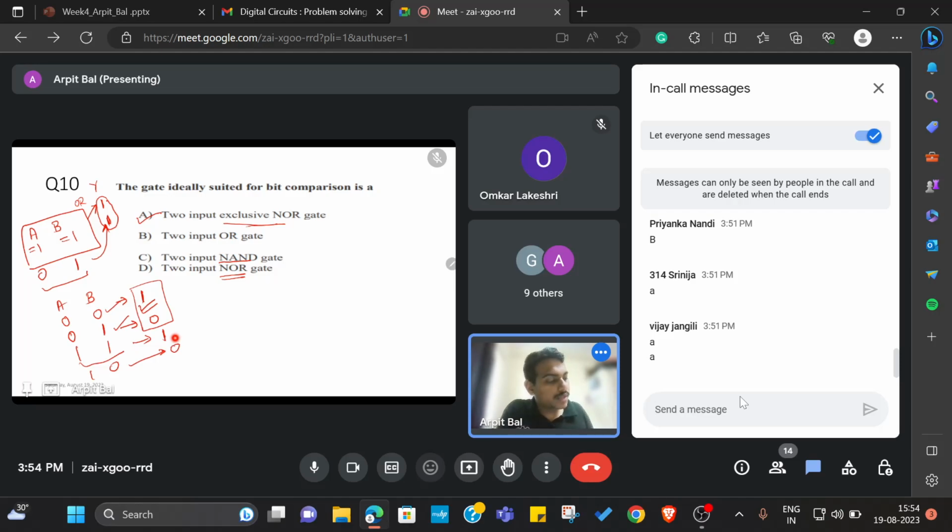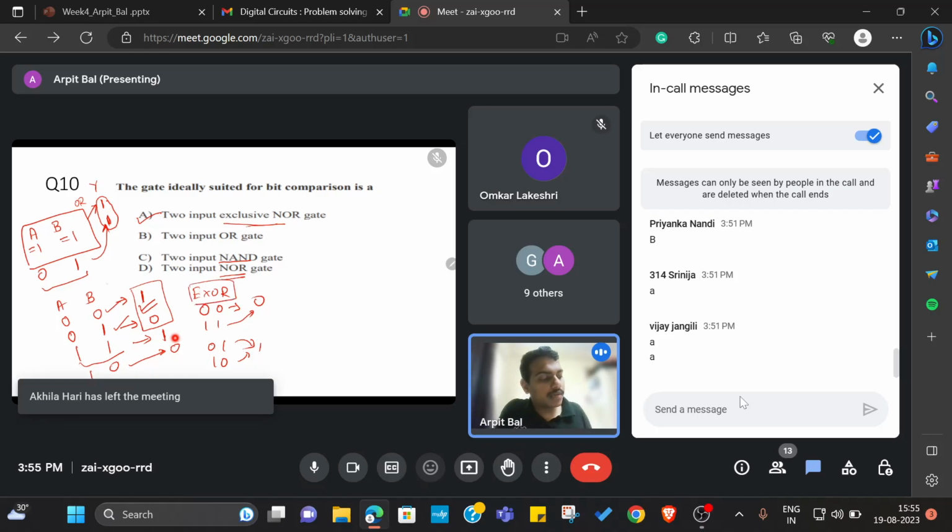Okay, so similarly we can also use XOR as well, because XOR is also going to distinguish, right? XOR will give 0 for all 0 or all 1, and it is going to give 1 for 0 1 and 1 0. So these two gates, XNOR and XOR, can be used for bit comparison.